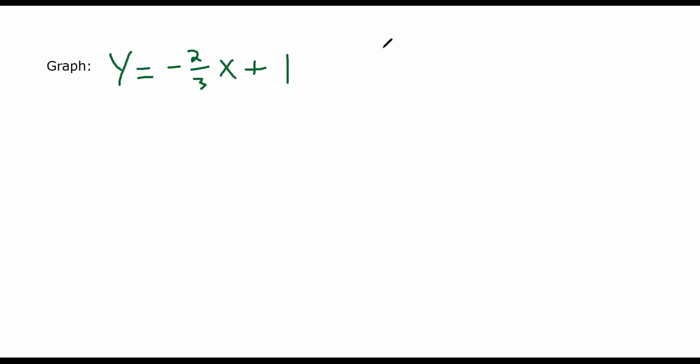Well, look, we can read right off of this exactly what the slope and y-intercept are. This is the slope, m. This is the y-intercept. And remember, it's really the coordinate 0, 1. That's where it's actually going to cross through the y-axis. And so that's a point on the graph.